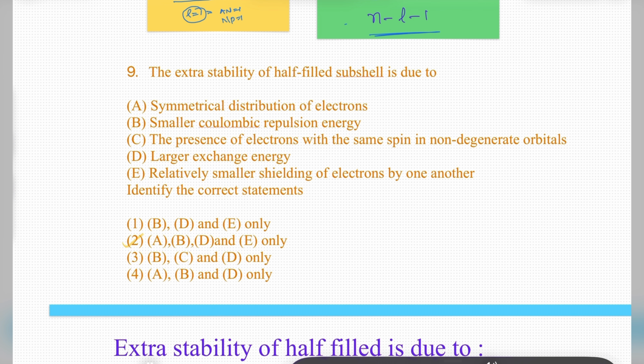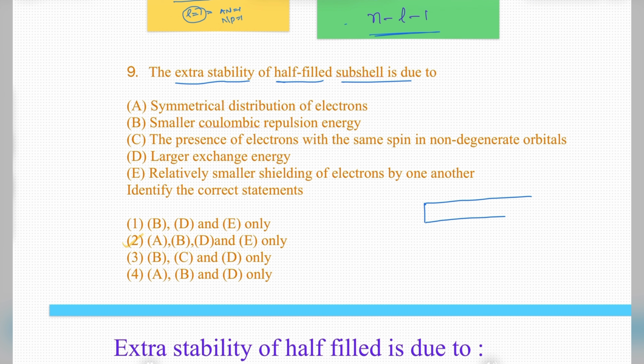The extra stability of half filled orbitals: why is a half filled orbital more stable than an incompletely filled one? We discuss now. Generally, half filled and full filled atomic orbitals are more stable, but here it is asking about the extra stability for half filled. For example, 3d orbitals all having 5 unpaired electrons have symmetrical distribution, and smaller Coulombic repulsion energies.